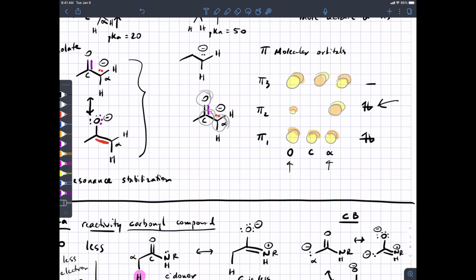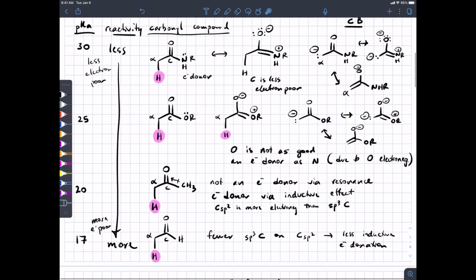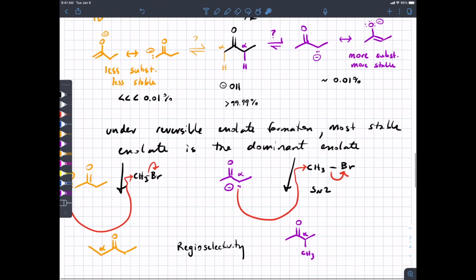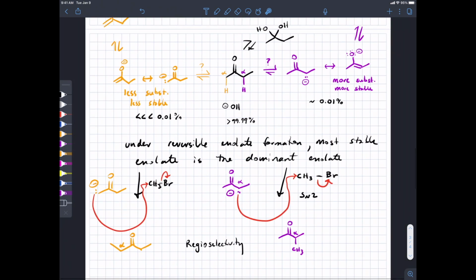So the HOMO reacts on the carbon because that's where most of the HOMO is. The lowest energy orbital is similarly biased toward the oxygen side. That's a result of MO theory calculations. It's sort of beyond the scope of the class. If you want to just memorize that in general, enolates are going to be reactive at the alpha carbon, that's fine, and that's useful. And that's why I'm going to choose to draw the enolate resonance structure this way.